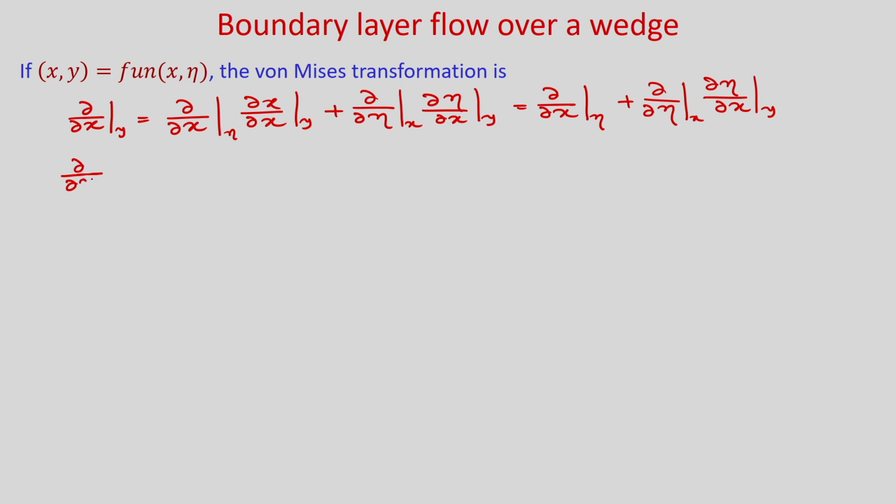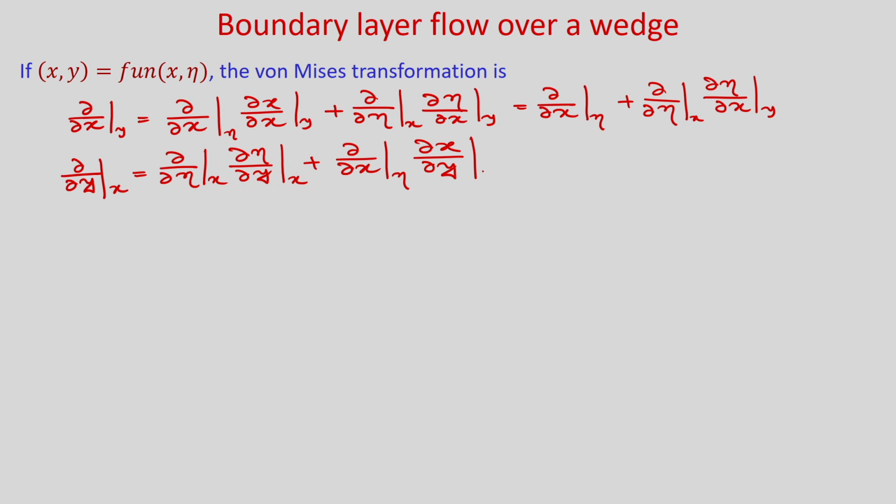Similarly, you can write del of del y, keeping x constant, as del of del eta at constant x times del eta by del y at constant x, plus del of del x at constant eta times del x by del y at constant x. Here you can see that this will become 0 because we are taking the derivative of x with respect to y.